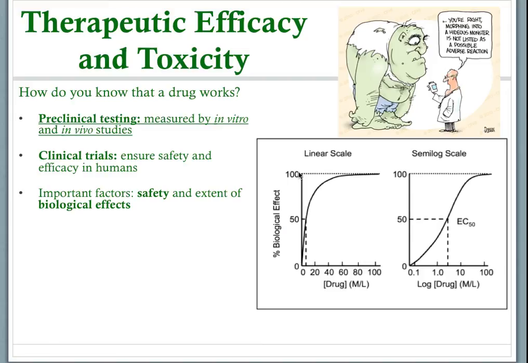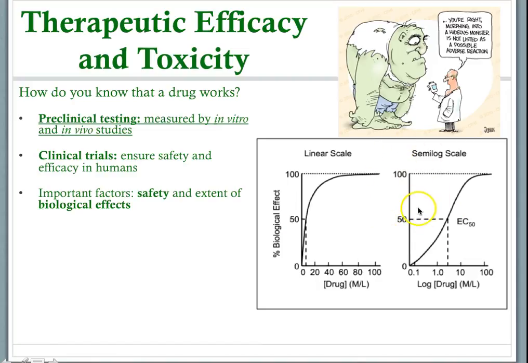But we know that we have an effect, and we have something here on this line that's called an EC50. So the EC50 is what we call the effective concentration. This is the concentration at which we have achieved 50% of the maximal effect.